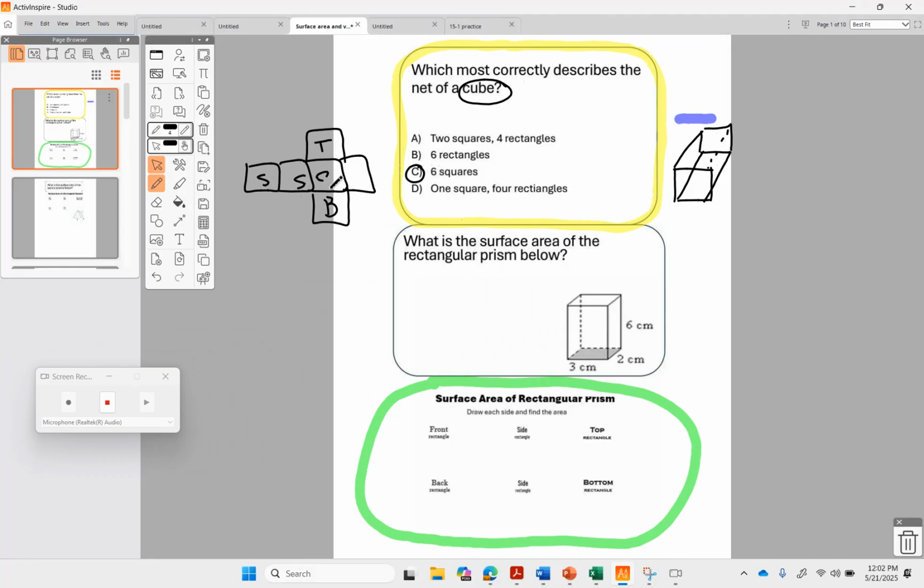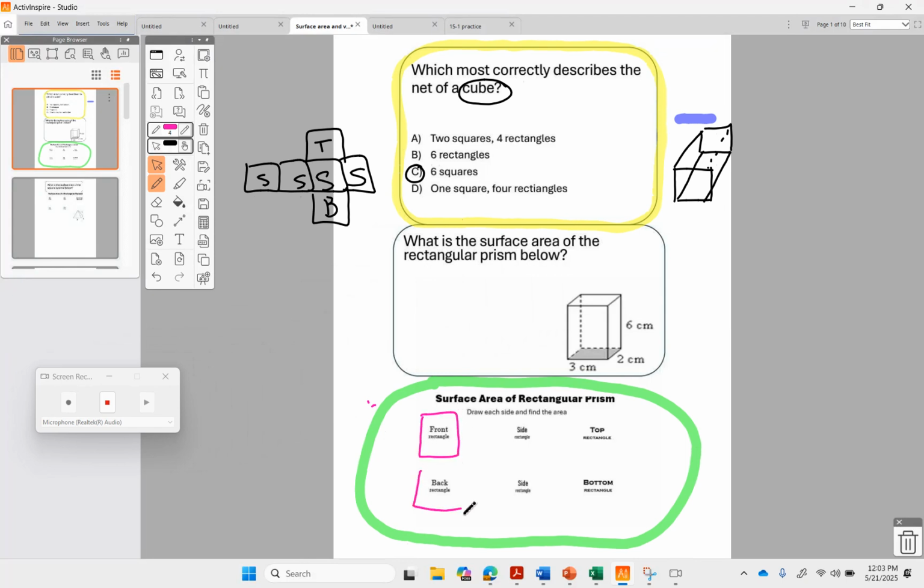Okay? For question number 2, what is the surface area of the rectangular prism below? So this is the problem on the test, and down here would be like the math mat that you could get. So this shape is going to have a front and a back.